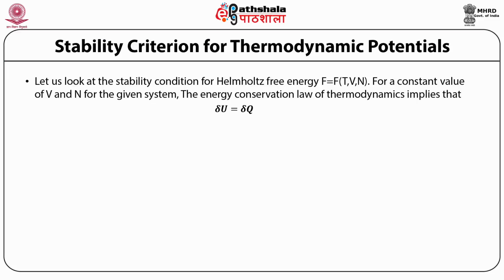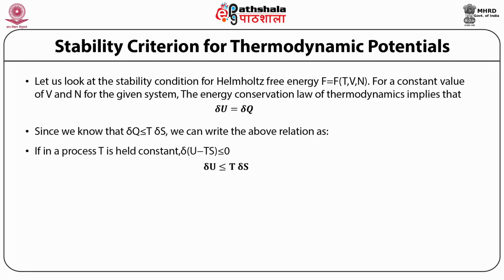Let us look at the stability condition for Helmholtz free energy, which is a function of T, V and N, for a constant value of V and N for the given system. The energy conservation law of thermodynamics implies that delta U is equal to delta Q. Since we know that delta Q is less than or equal to T delta S, we can write the above relation as delta U is less than or equal to T delta S. If in a process T is held constant, delta (U minus TS) is less than or equal to 0.